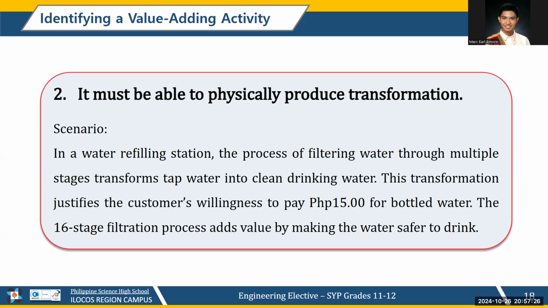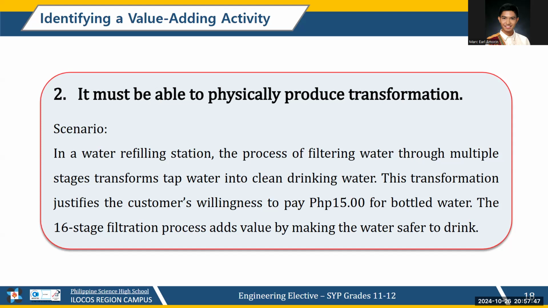Number two, VA must be able to physically produce transformation. So for example, in a water refilling station, the process of filtering water through multiple stages of filtration transforms it into clean drinking water.